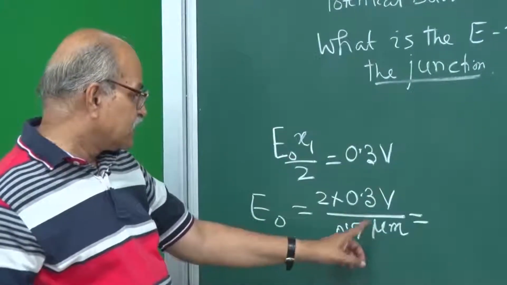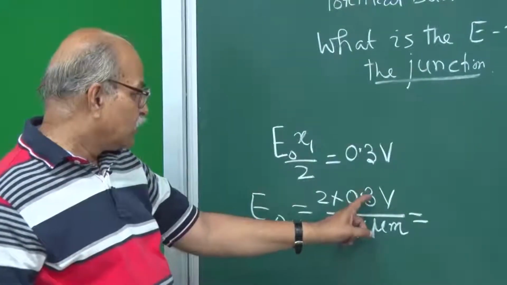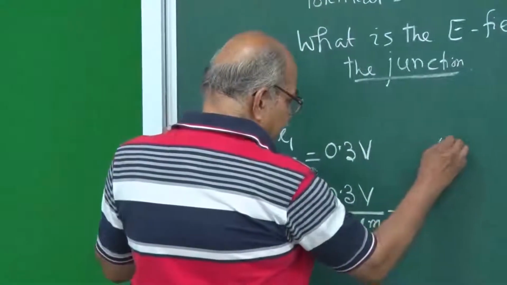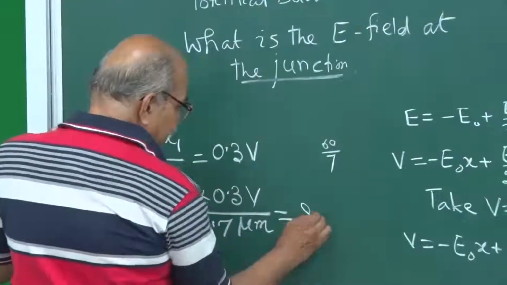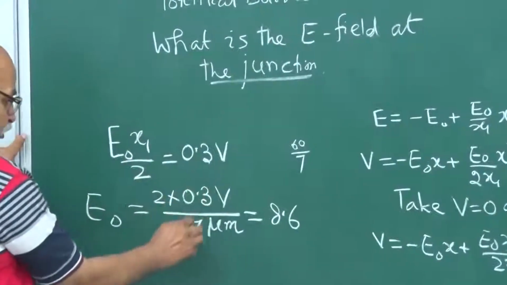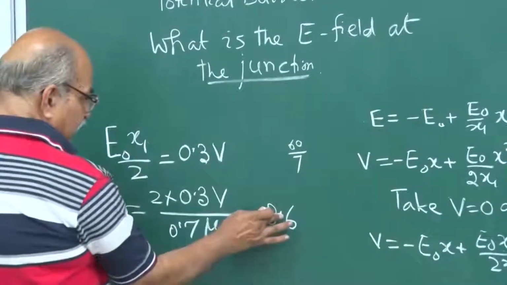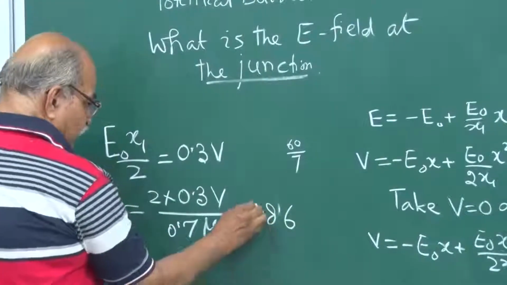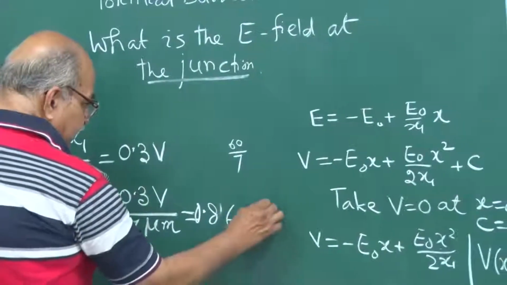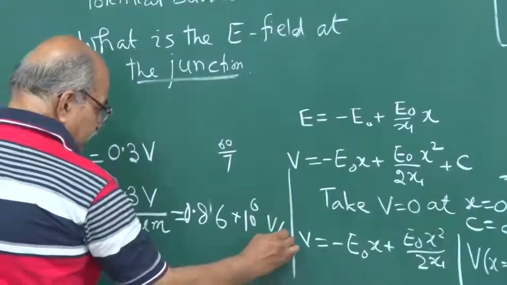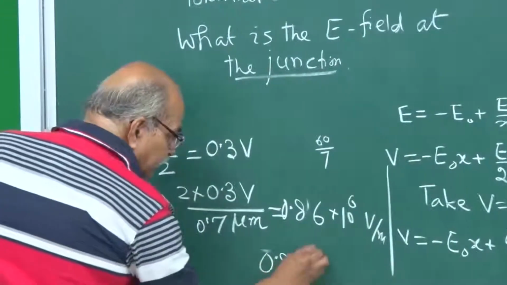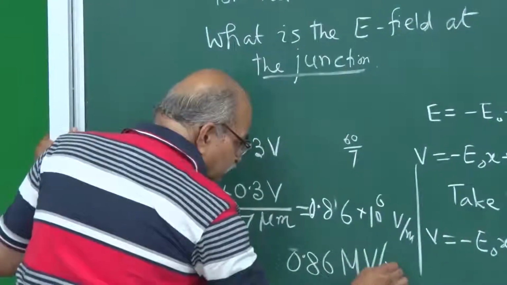This is 10 to the power 6 here, 0.6 over 0.7, that will be 60 by 7, that is 8.6, something like this, 0.86 in fact, times 10 to the power 6 volts per meter, or 0.86 megavolts per meter.